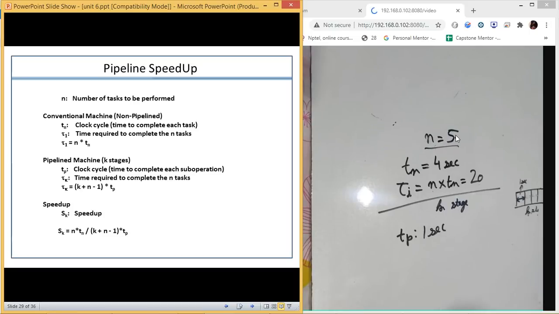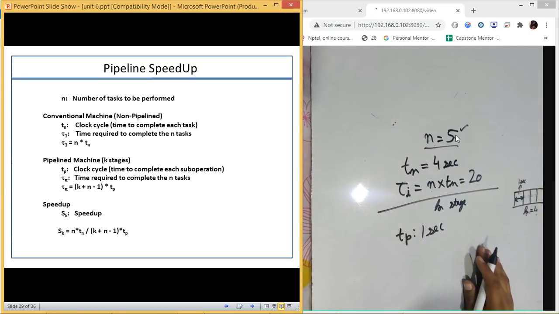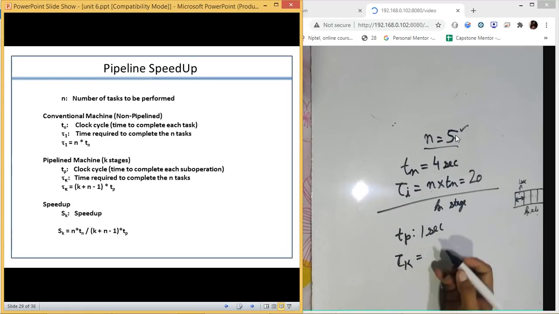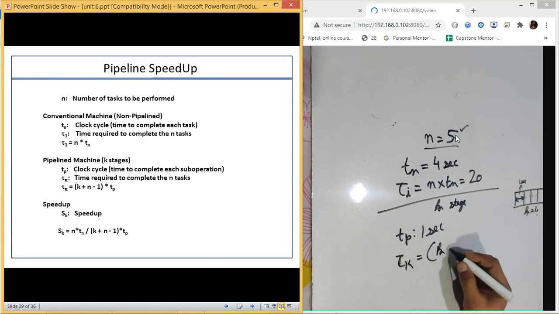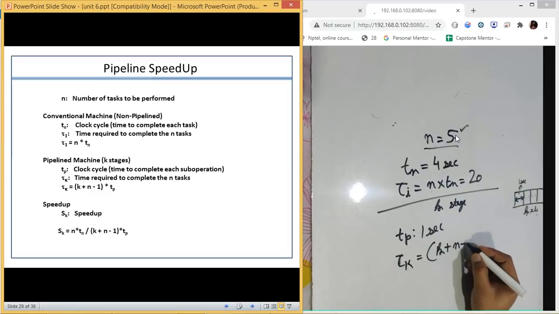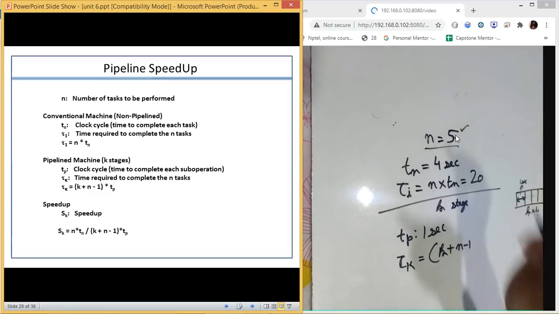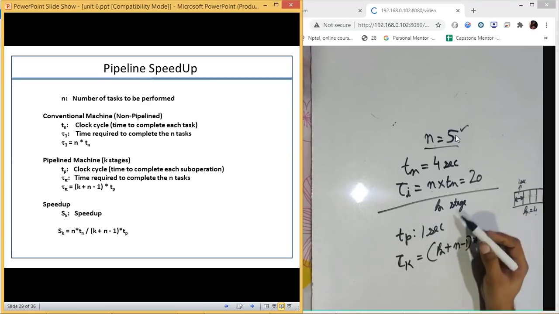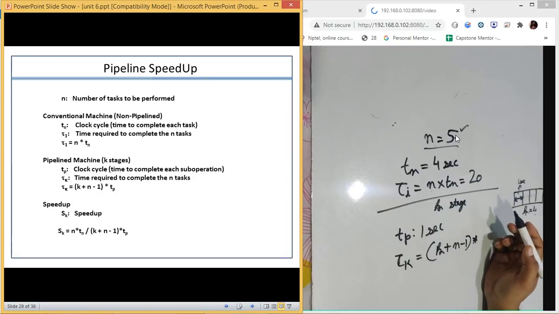Like if n was equal to 5, how much time is it going to take to execute 5 instructions? There is a small formula for this, which is represented by Tk equal to k, where k is the number of stages, plus n minus 1, where n is equal to 5, into the time taken to execute one sub operation.